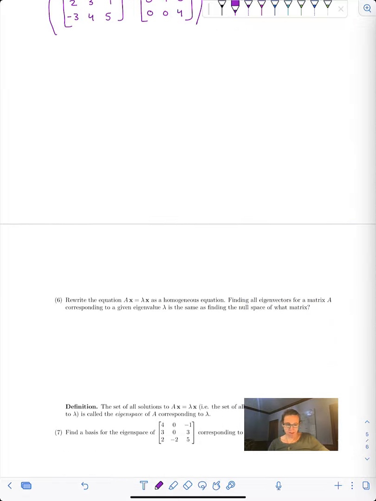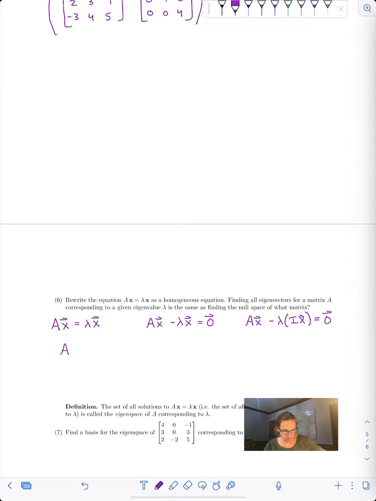So let's take this and make it more general. Recall we have this equation Ax equals lambda x, and we really want to make a homogeneous equation, so we can do what we've been doing and rewrite this as Ax minus lambda x equals 0, or Ax minus lambda times the identity times x equals 0, and then let's pull that identity in with the lambda rather than with the x.